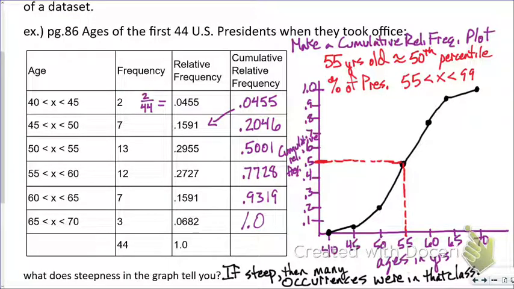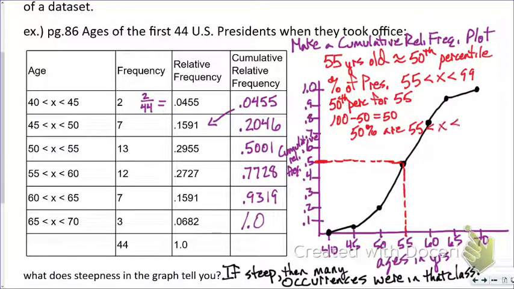So I go 50th percentile, 100 minus 50, which equals 50. So I would say 50% are 55, or I should say were, 55 to 99.